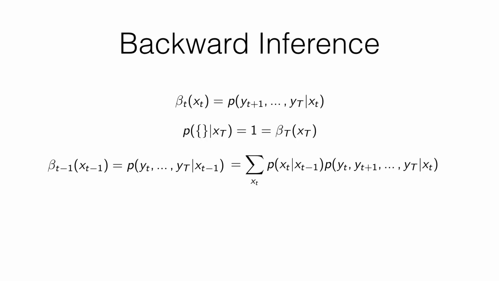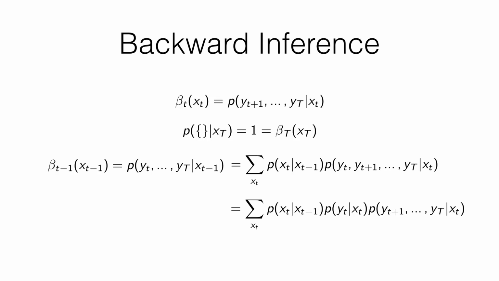And we can break that second term apart into the following. We have the transition probability still, but now we also have the observation probability of time step t, so the probability of yt given xt, and then the probability of all the future observations, the probability of yt plus 1 all the way to y capital T given xt.